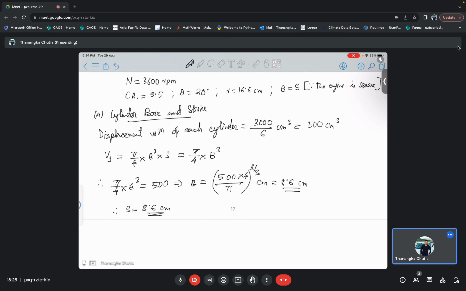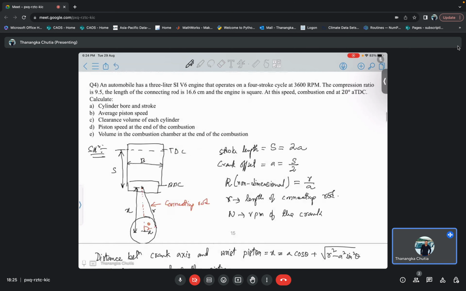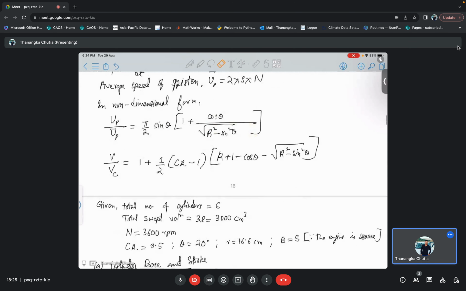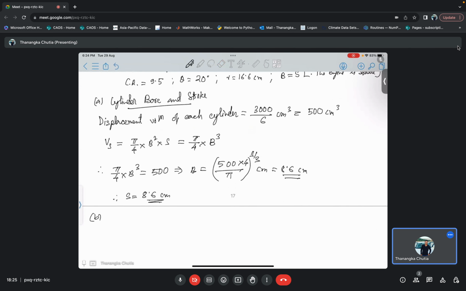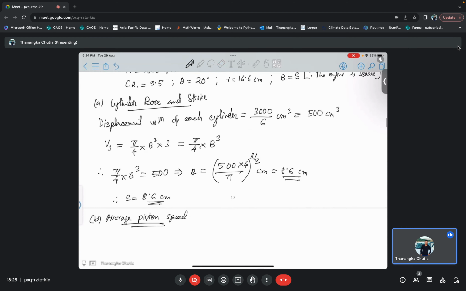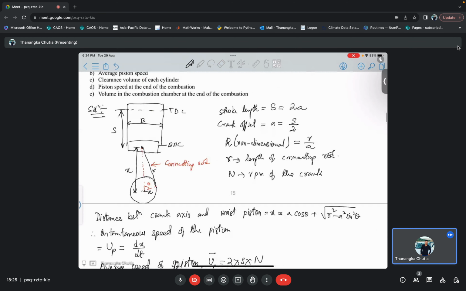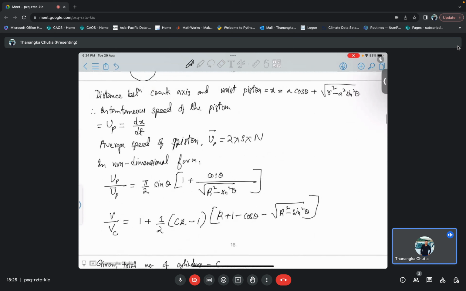Clear? Next, what you have to calculate: average piston speed. I have already given you the predefined formula for the average piston speed, that is UP bar.